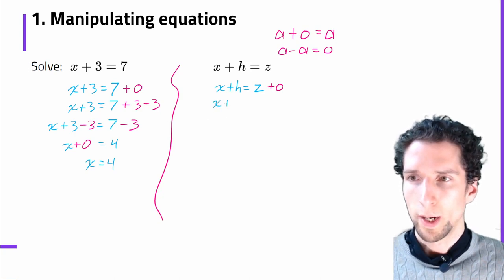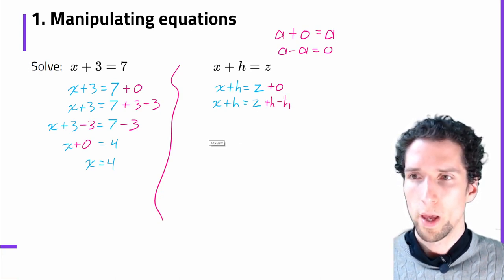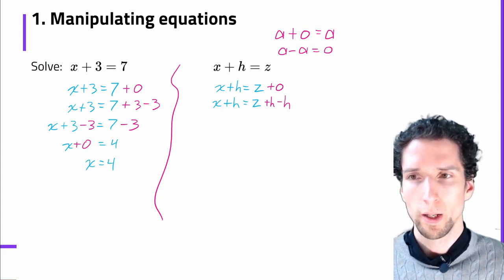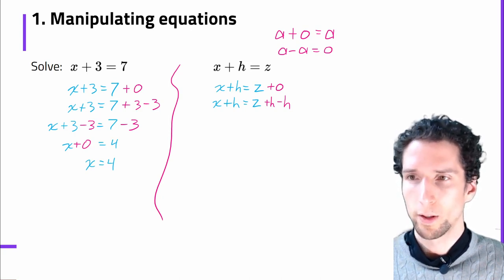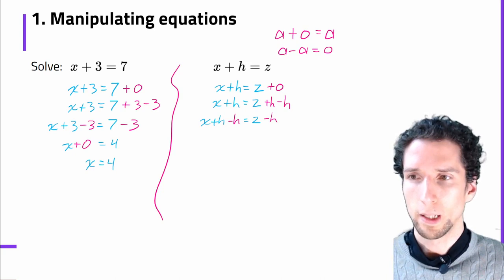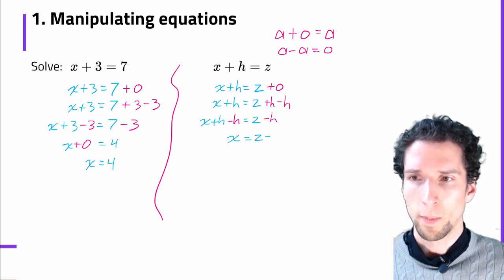Well, we can also do x plus h equals z plus h minus h, and then instead of adding and subtracting on the same side, which is still balanced, let's just subtract: x plus h minus h equals z minus h, like this. Then we can simplify on the left here, plus h minus h, that's just x. So x is equal to z minus h.